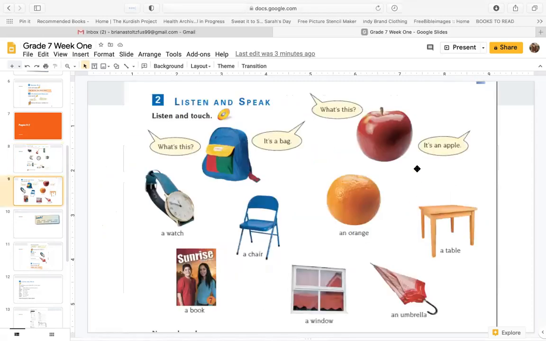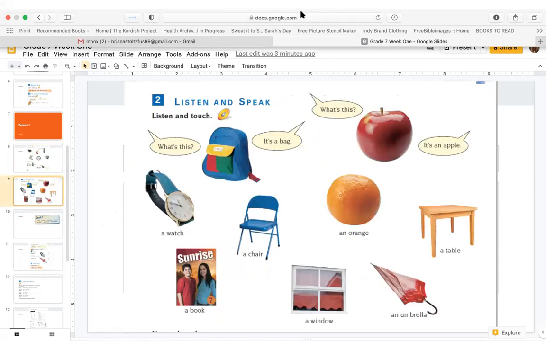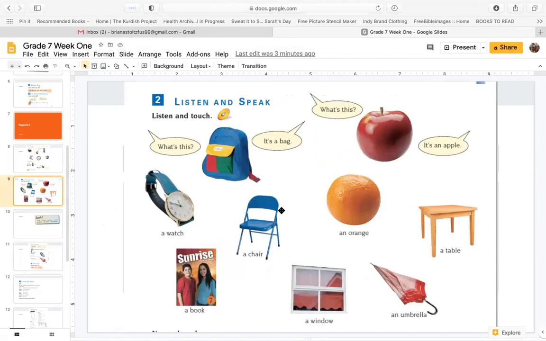We also reviewed when to use a and when to use an. Repeat after me. A watch, a book, a chair, a bag, an orange, an apple, a window, an umbrella, a table.